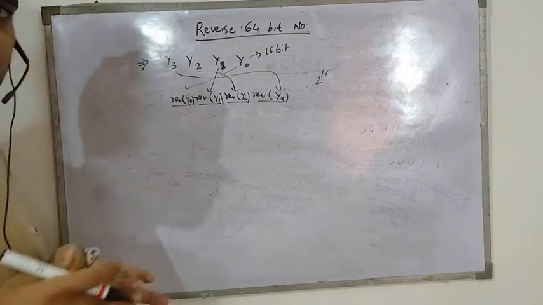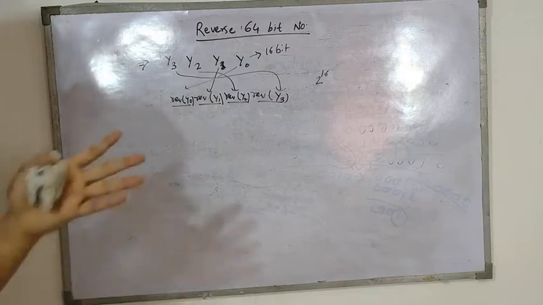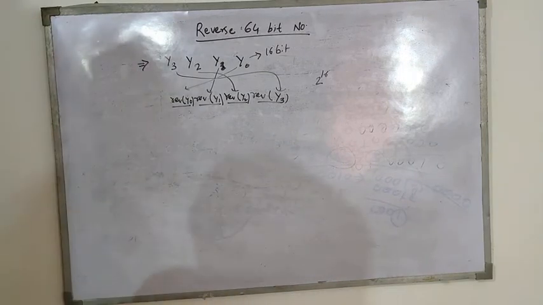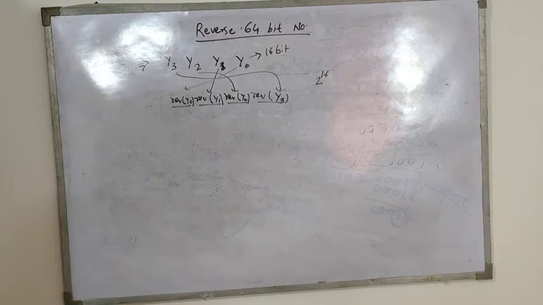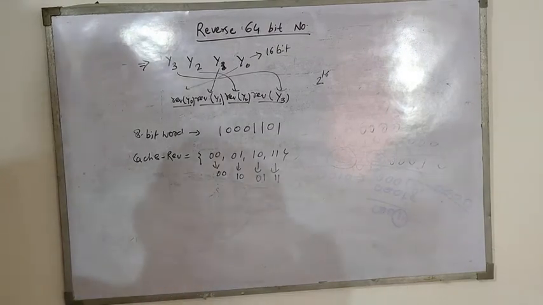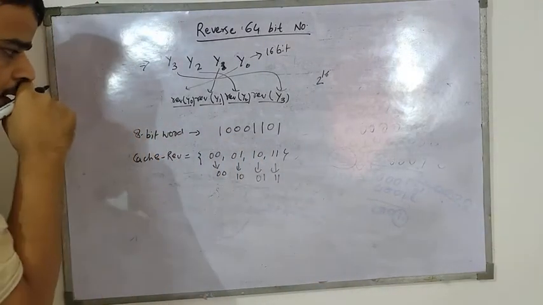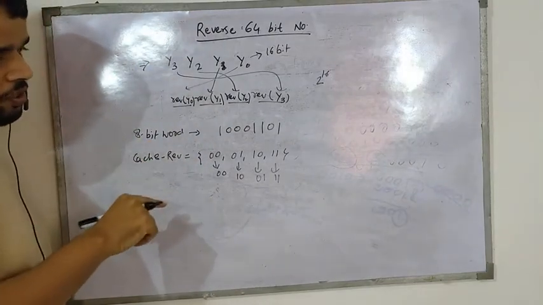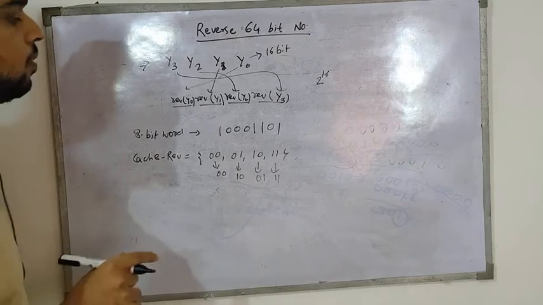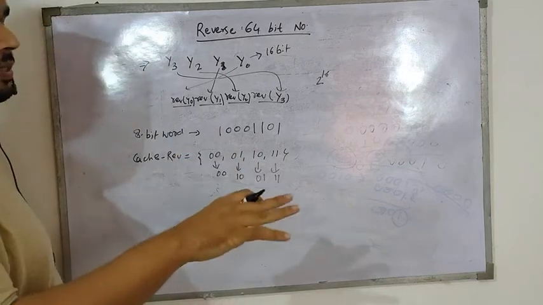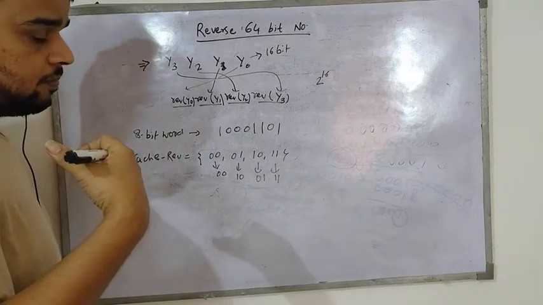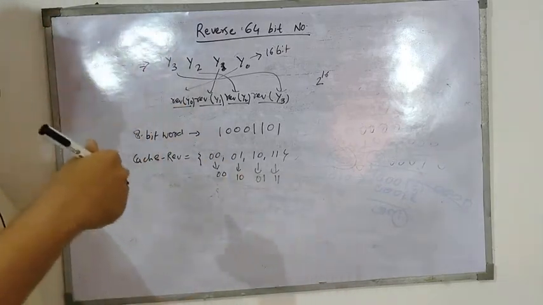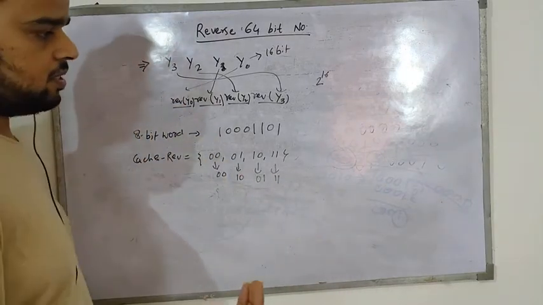I am going to explain this process with the help of an 8-bit number and a cache of size 4. You can see that I have an 8-bit number and I have created a cache which stores the reverse of any two-bit number. As I described, in the case of 64-bit we can create a cache for 16-bit.